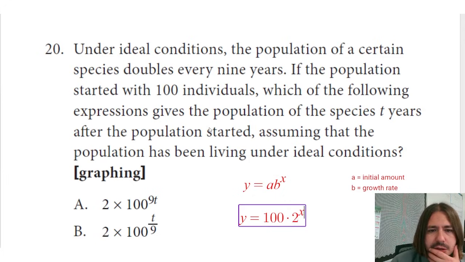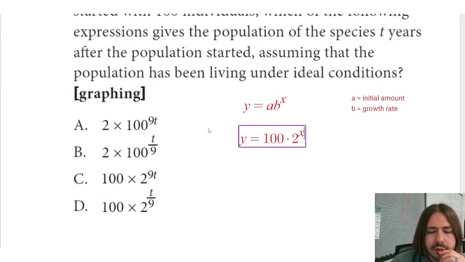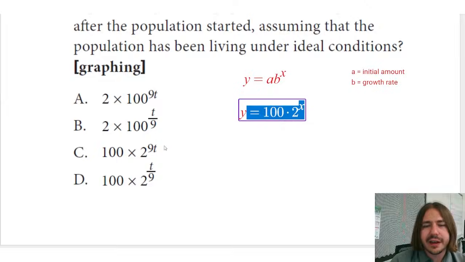Let's go ahead and look at our choices here. And we see that none of them look like this. There's one that's close, or actually two that are close, this one and this one. We need to figure out what's going on here. Why is this not the same? There's an extra 9 in here, basically. Let's go back to the actual question.